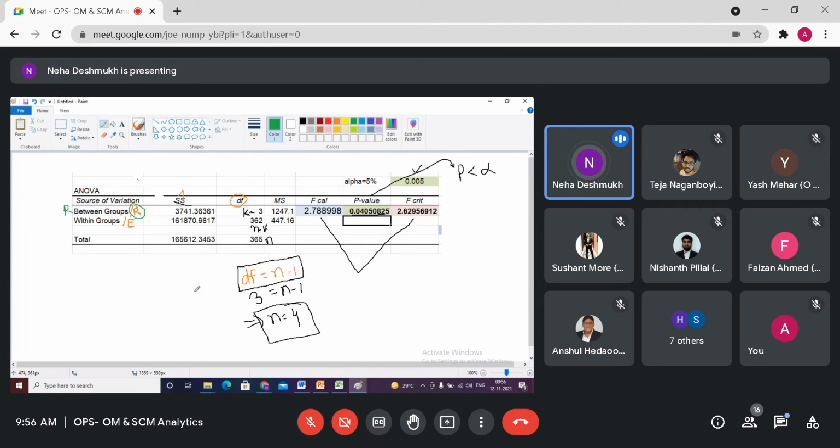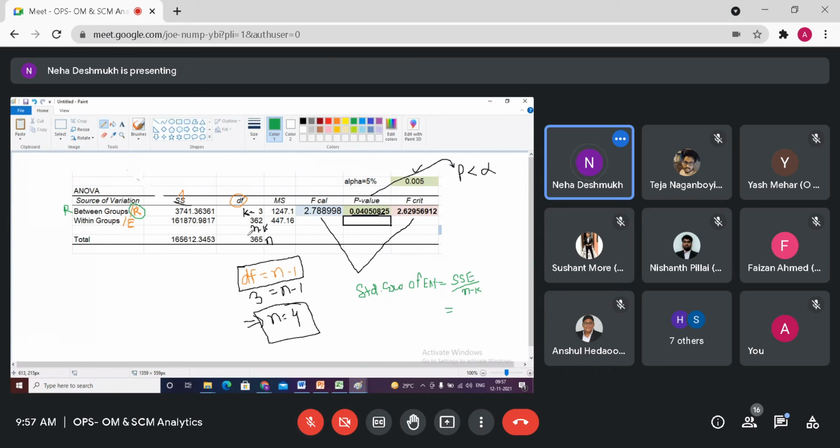Now if we want to calculate the standard error of estimate, it can be calculated by SSE, the sum of square of errors, upon n minus k.